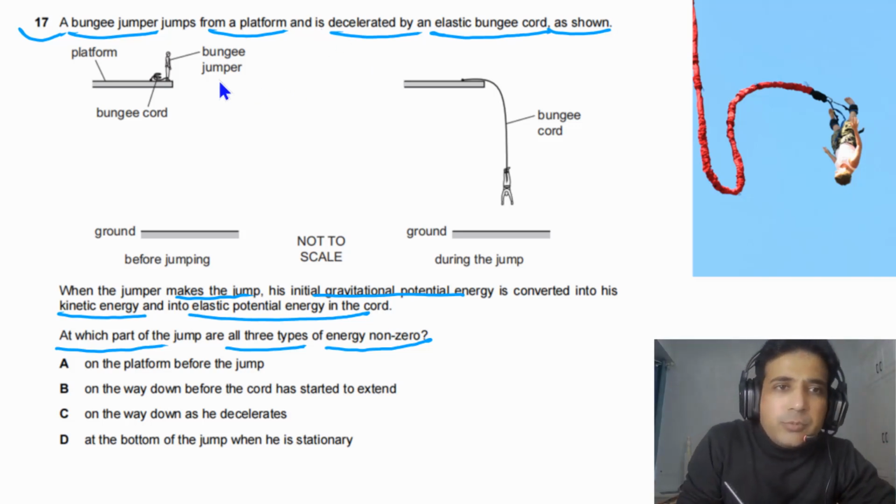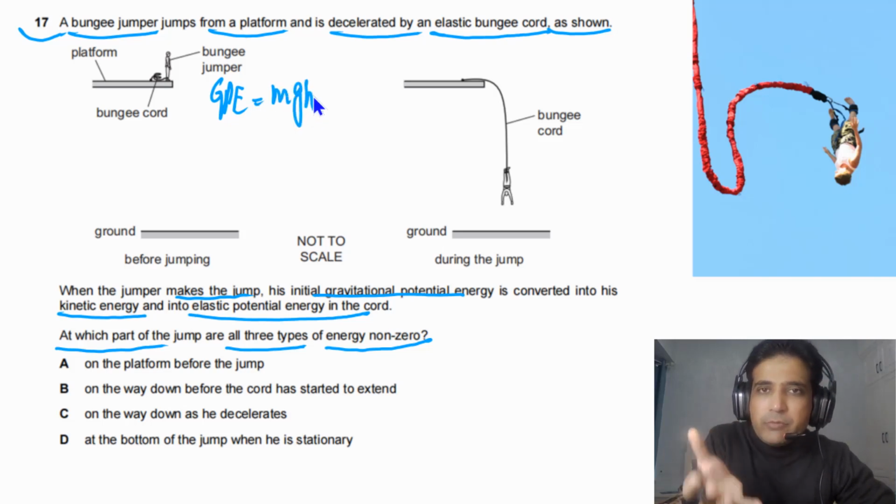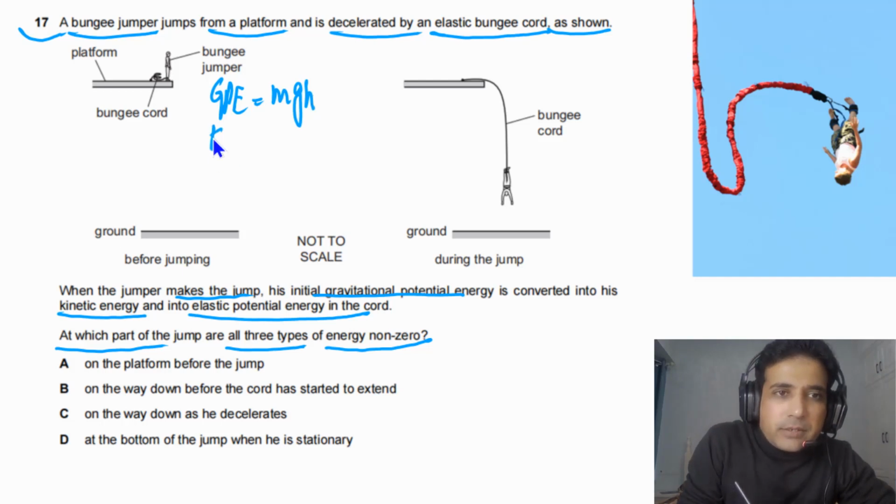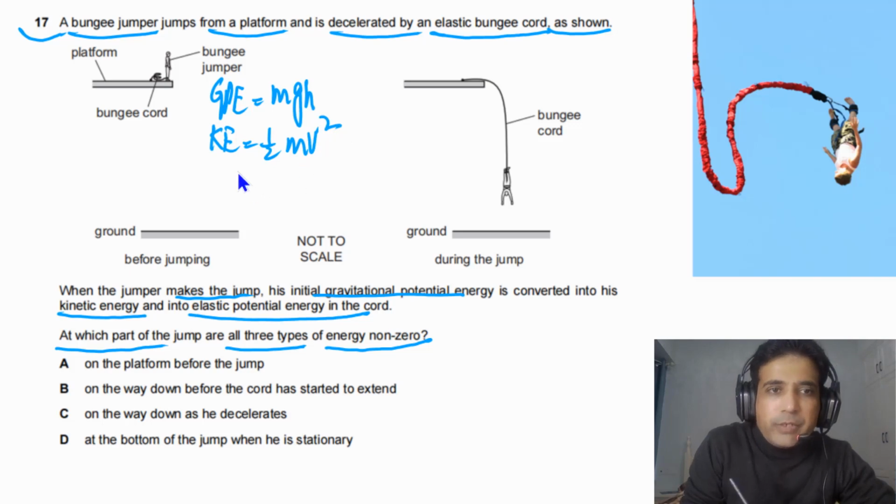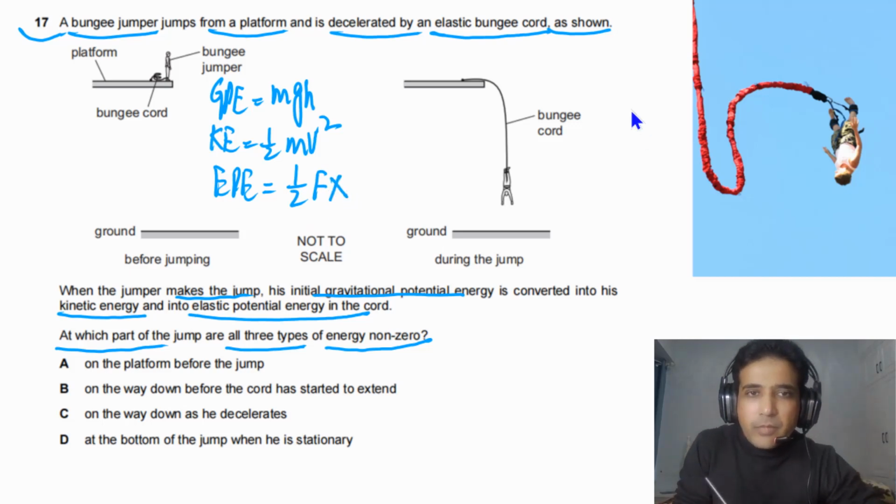So simply we can write down, first of all, if this person has GPE, there must be some height from the ground, and that will always be true. He will be higher from the ground. And kinetic energy will be there if the person is moving. And elastic potential energy is possible when the string is extended. There is extension. Now, if you look at this one, in this case, the string is not extended.